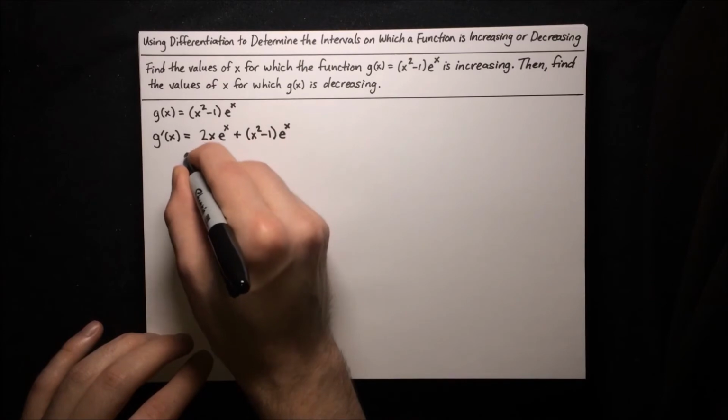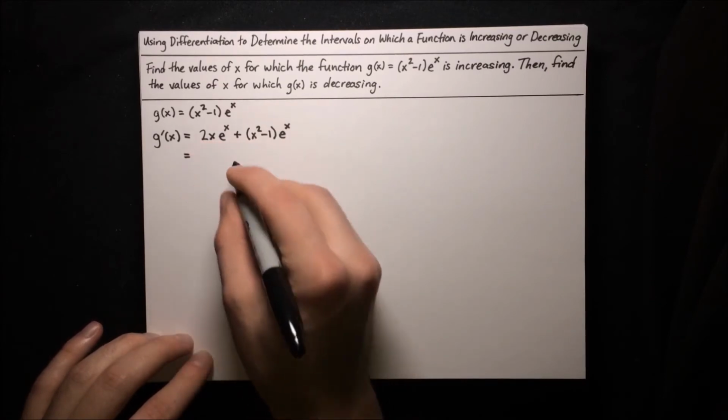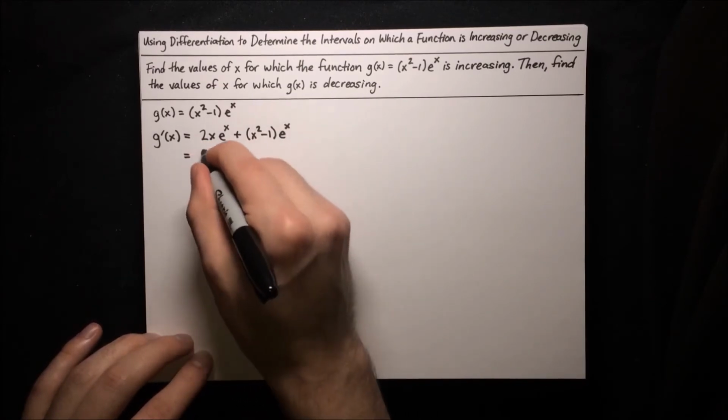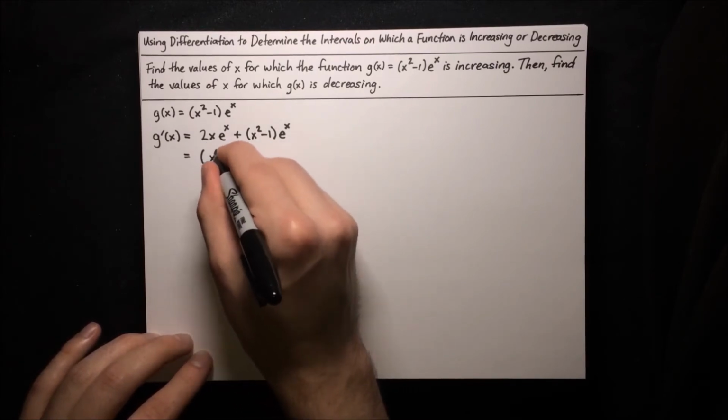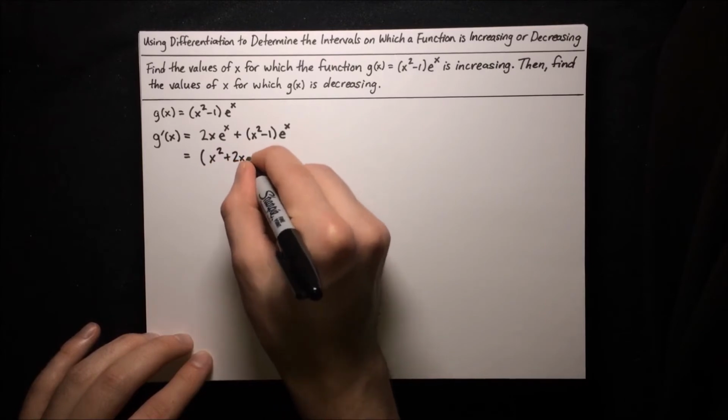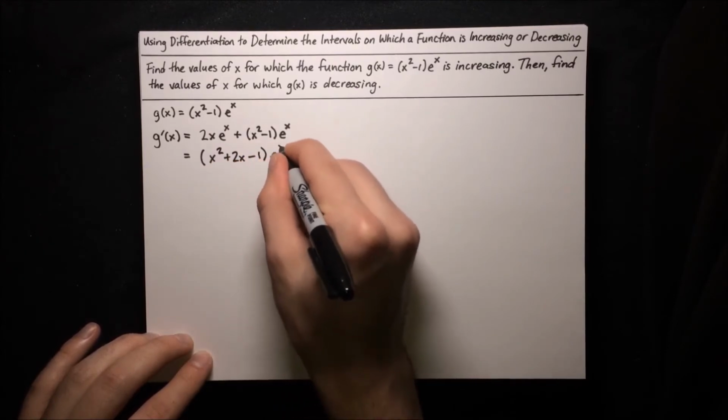And we can simplify this a little bit. We can factor out an e to the x from both of these, and then we've got x squared plus 2x minus 1, all that times e to the x.